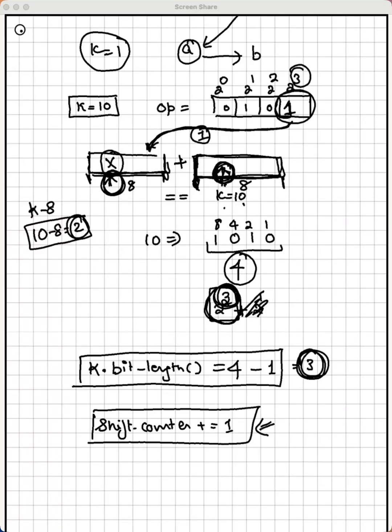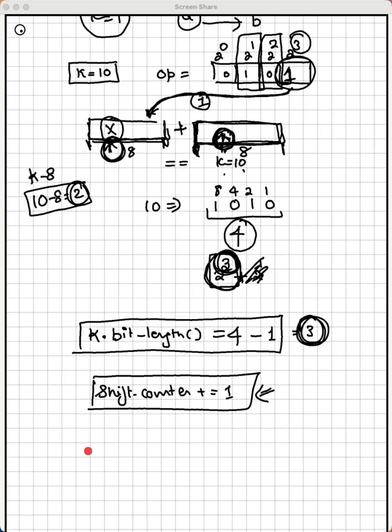So you will skip this and you will directly work on 2 power 1. Now our k is equal to 2. Let's look at its bit length. This has a bit length of 2. That means the exponent that we're going to be looking at is 1.